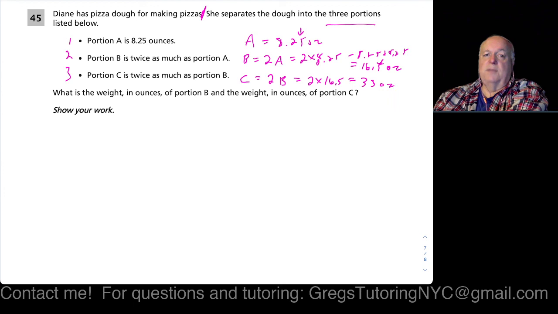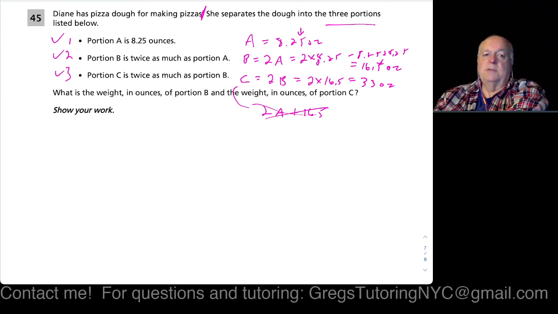Some students goof up this relationship, and for C, they do 2A plus just the 1650. So they're getting the wrong answer by doing that. Okay? Take it a step at a time. All right? And build it up.